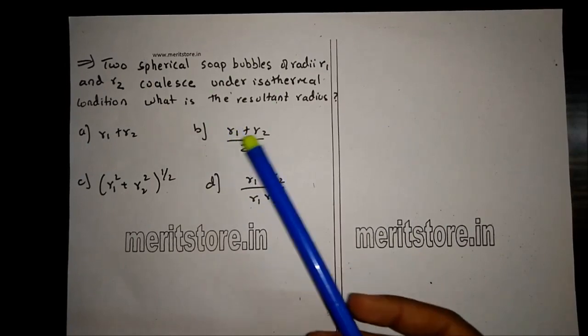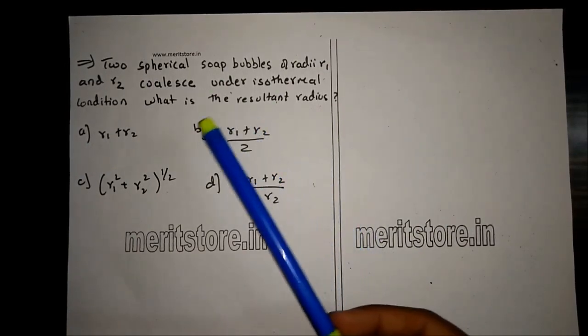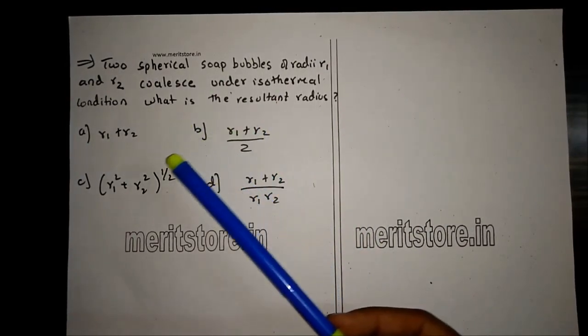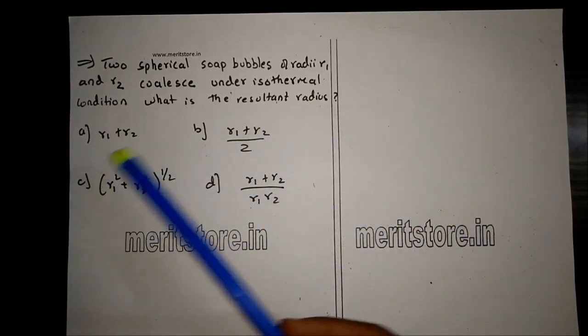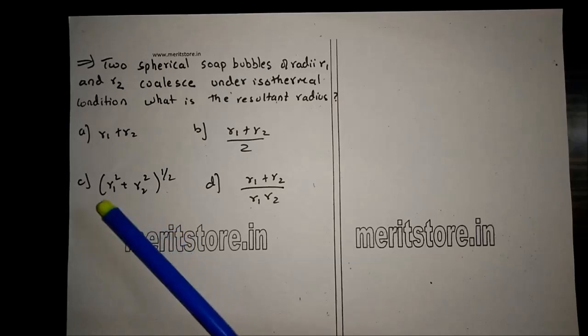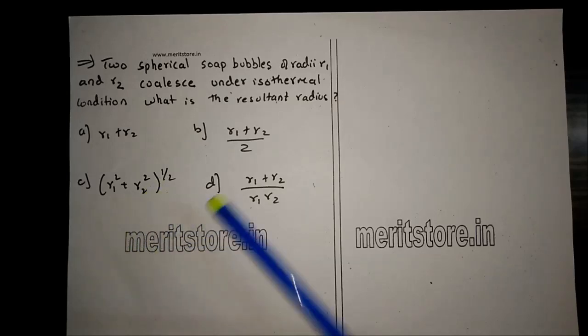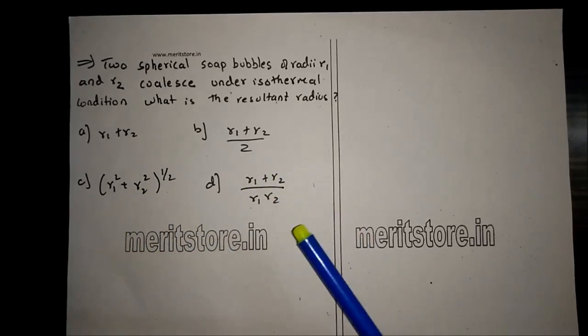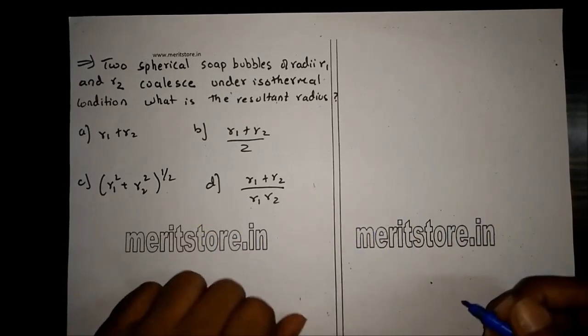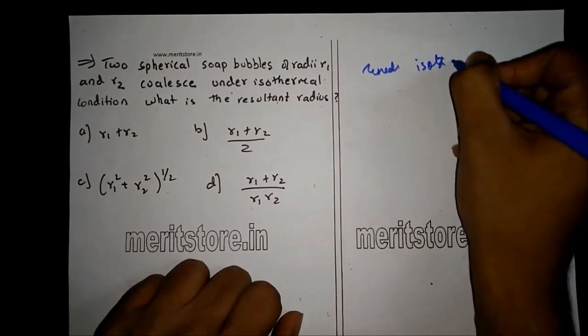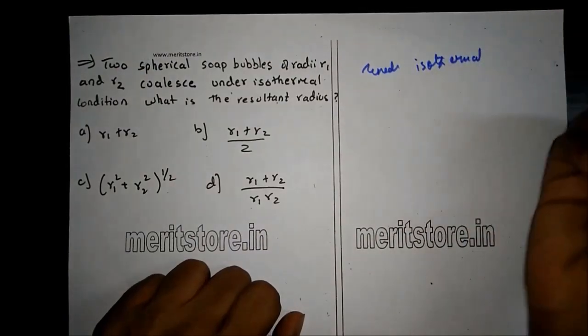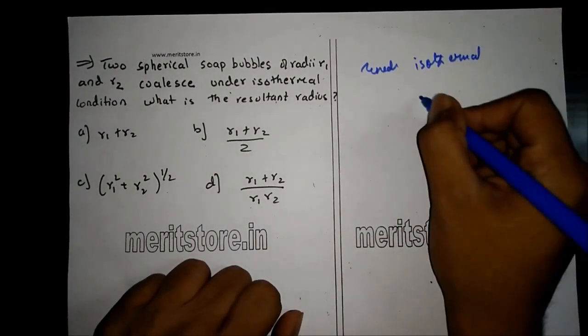Two spherical soap bubbles of radii R1 and R2 coalesce under isothermal condition. What is the resultant radius? Is it either R1 plus R2, R1 plus R2 upon 2, R1 square plus R2 square raised to half, or R1 plus R2 upon R1 into R2? Now, under isothermal conditions, total energy remains constant.